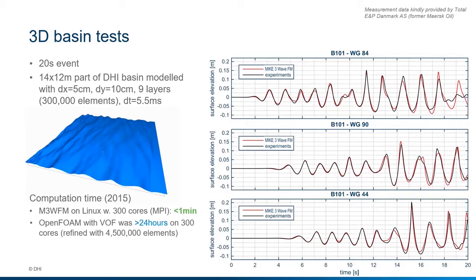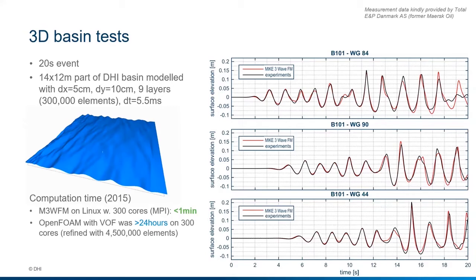We had a time step of 5.5 milliseconds, a discretization of 5 centimeters in one of the horizontal directions, and a discretization of 10 centimeters in the other direction, and a vertical discretization of 9 layers. These are typical application values, although of course they vary based on your needs.